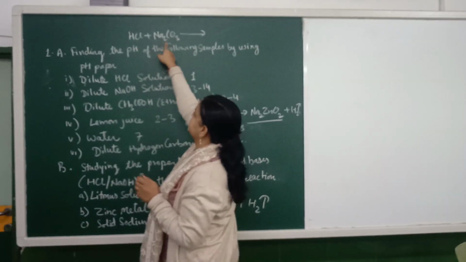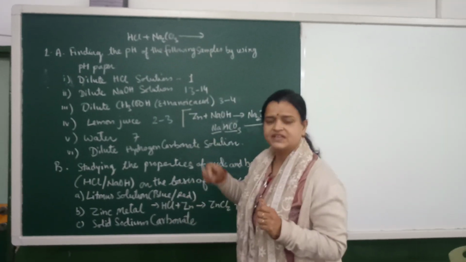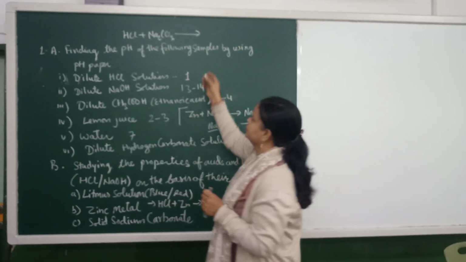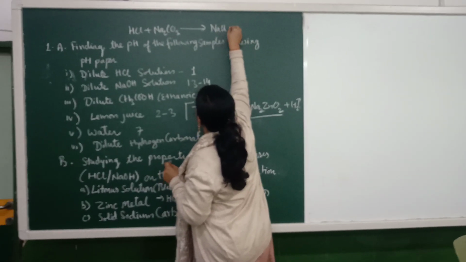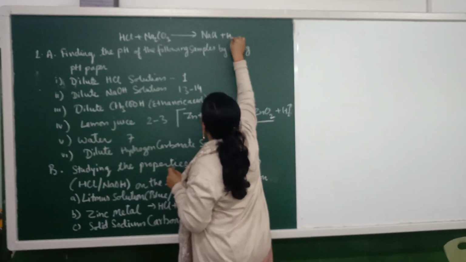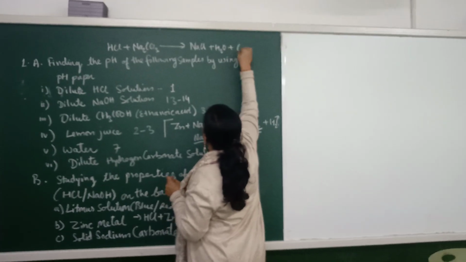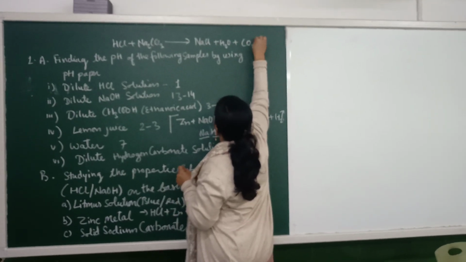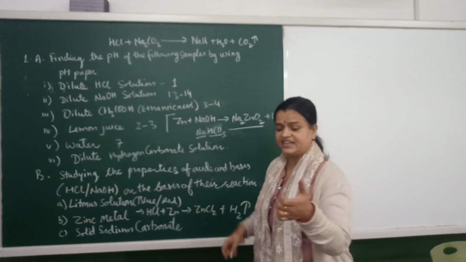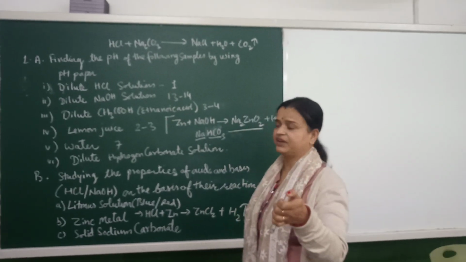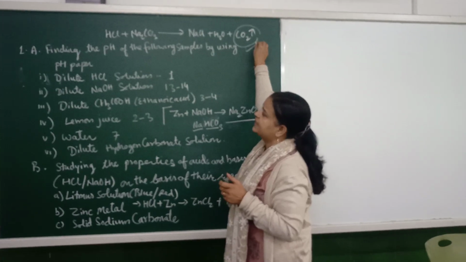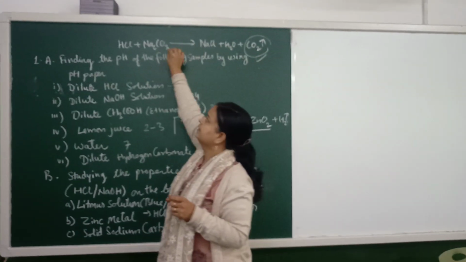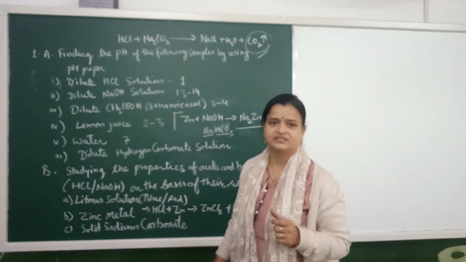So acid and bases react and give rise to salt and water. So what salt will be formed here? NaCl and water, and additional carbon dioxide gas will be released, that you have seen in this experiment. So whenever in the product there is carbon dioxide, it means as an anion there must be carbonate.